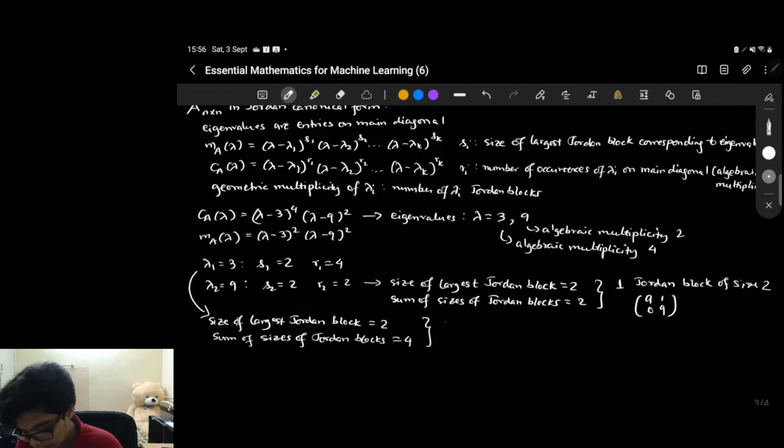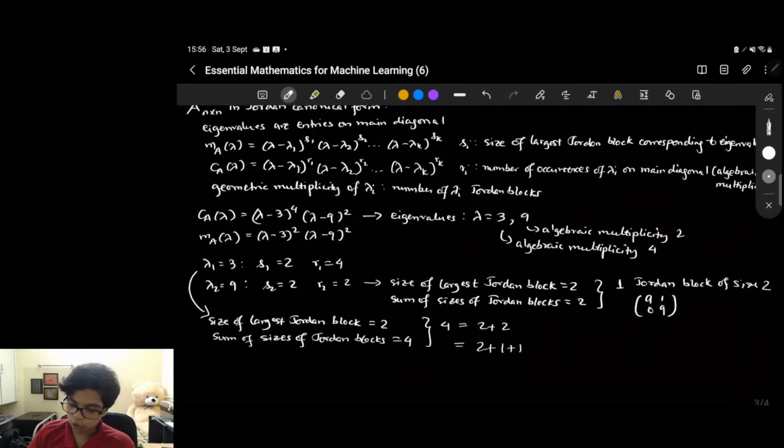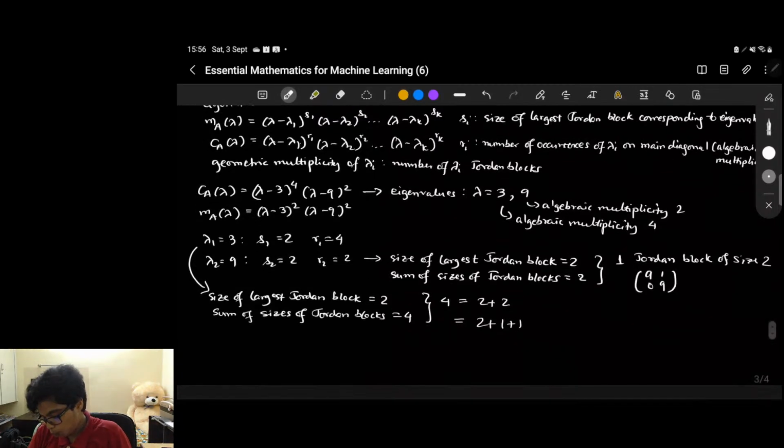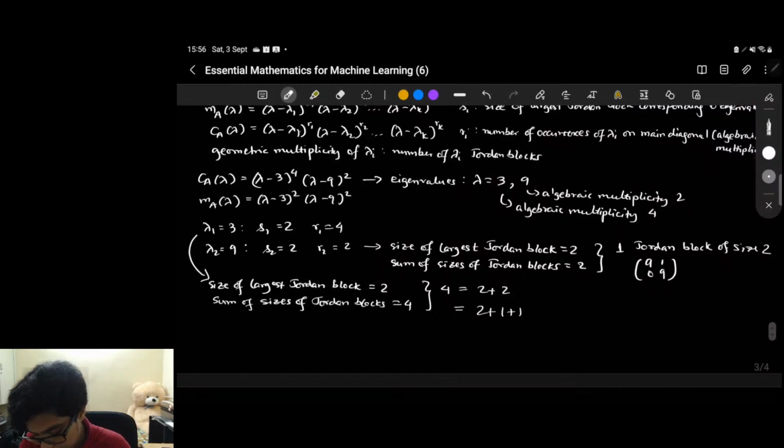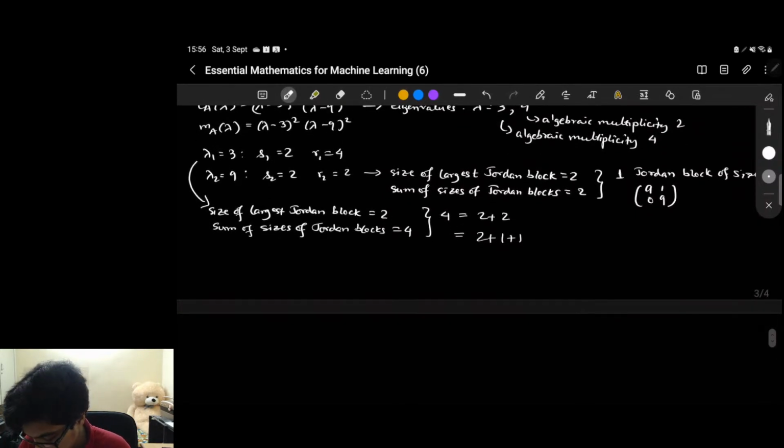So this means that we can write 4 as 2 plus 2 or as 2 plus 1 plus 1, because the largest size needs to be 2 and we need to add up to get 4. So how can we get 4 where one term is 2? We can get it either by 2 plus 2 or 2 plus 1 plus 1. So these are the possible combinations.